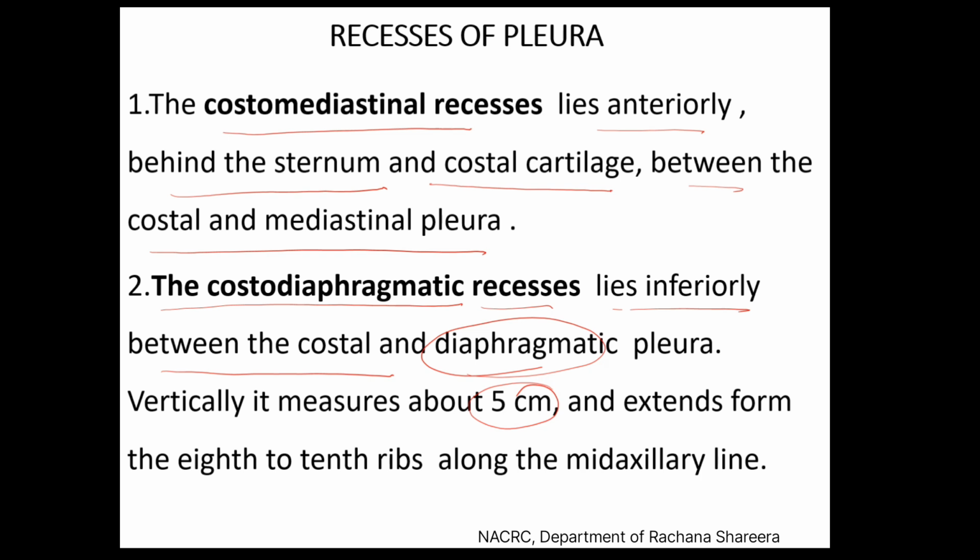It is like this. These are your lungs. These are your parietal pleura, and this space is called the costodiaphragmatic recess, which we can see in a vertical section, and in a transverse section we see these are the lungs.